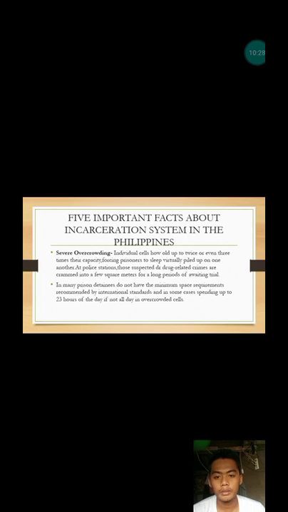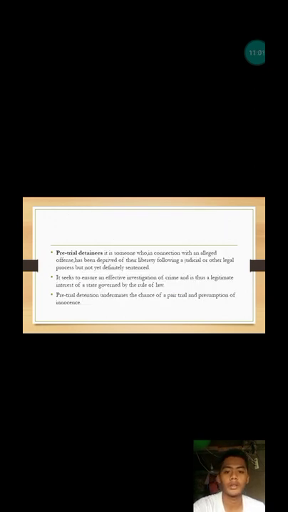So many prison detainees do not have the minimum space because of what we call severe overcrowding, and that is why, with so many prisoners, the cells are all overcrowded.